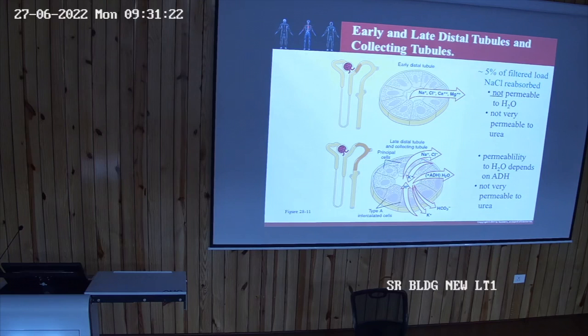What is the role of aldosterone? Absorption of sodium and secretion of potassium. This mechanism is also helped by another important pump, the sodium potassium ATPase pump, which is present at the basolateral surface.